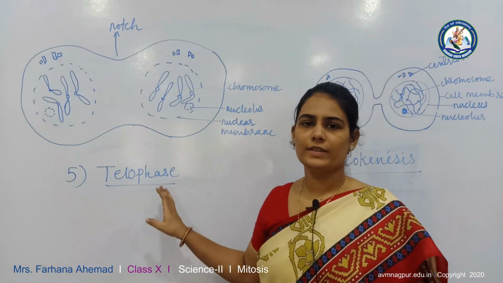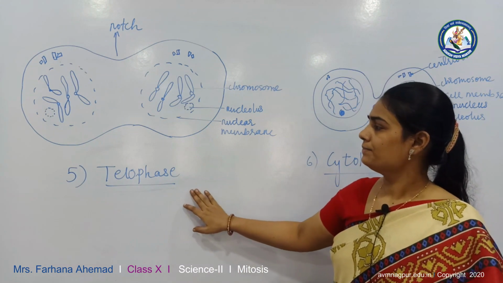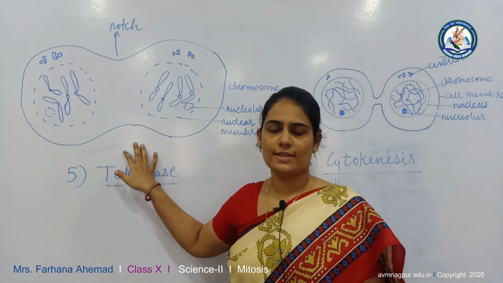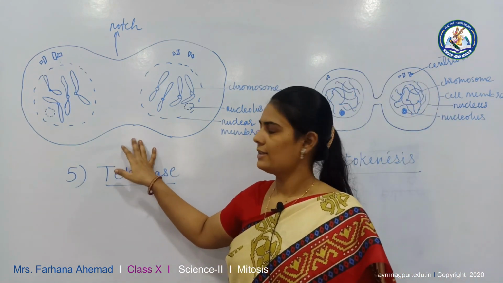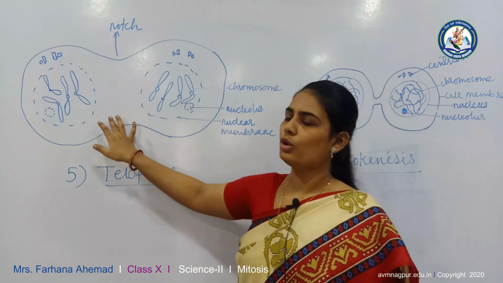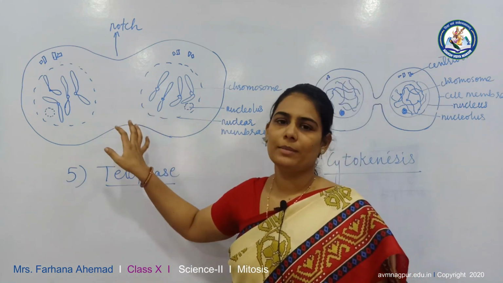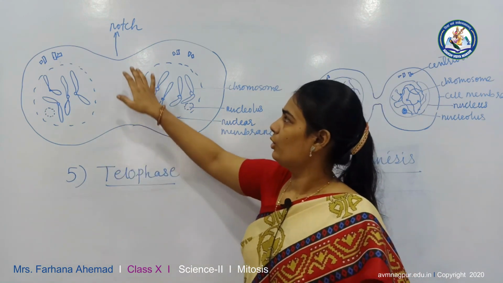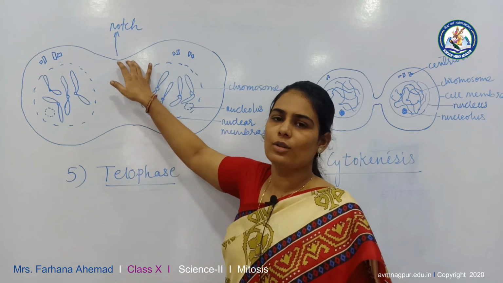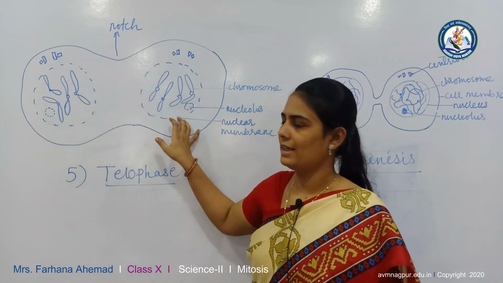Now this is the fifth stage, that is telophase. You can see here karyokinesis is completed. Karyokinesis means the nuclear division has completed, two daughter cells have formed, but still the cytoplasm is attached and a notch or a constriction is formed between these two cells.